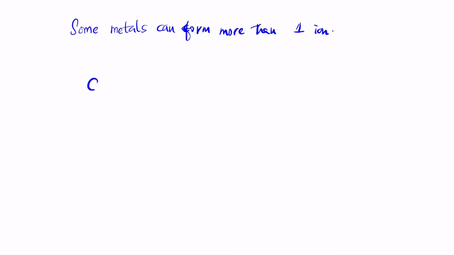All the compounds that we discussed now had metals that can only form one ion, but some metals can form more than one ion. For example, chromium forms two ions, Cr2+ and Cr3+.